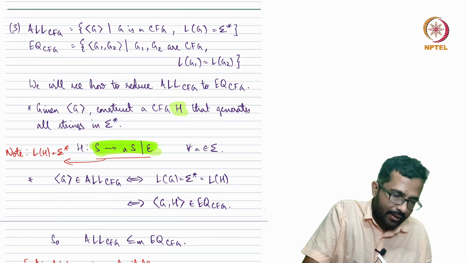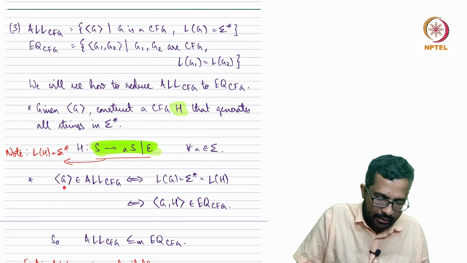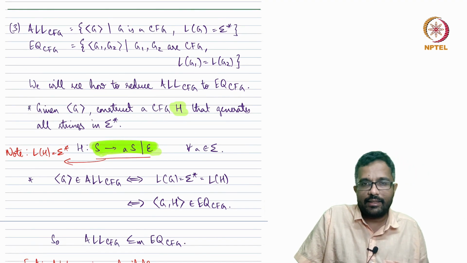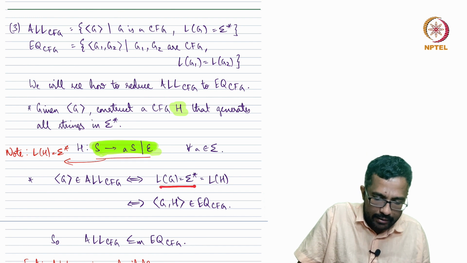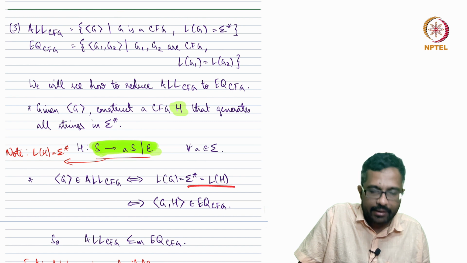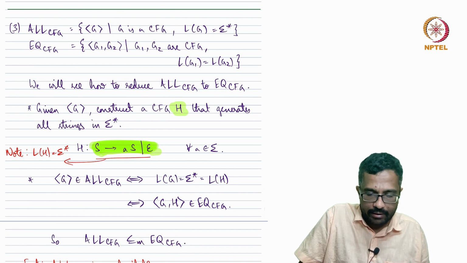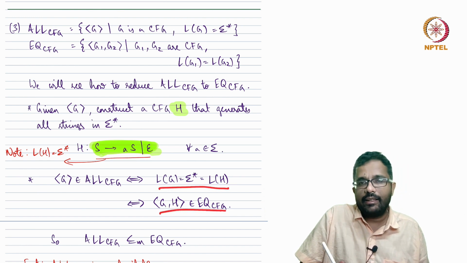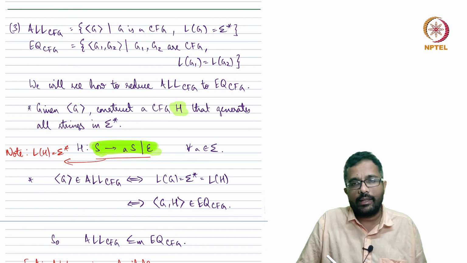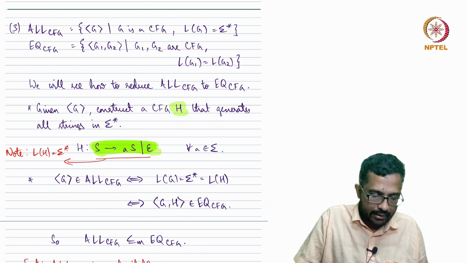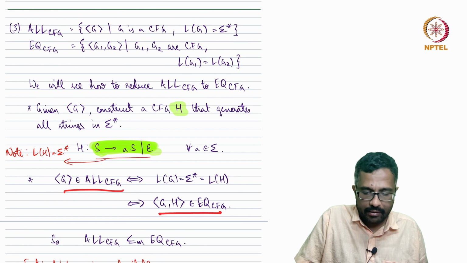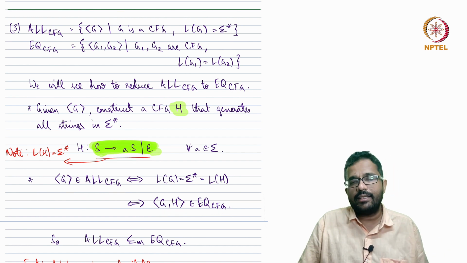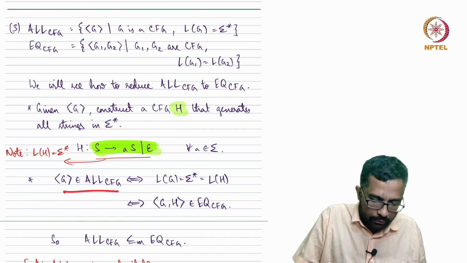So G is in ALL-CFG, meaning G generates everything, if and only if sigma star is also the language of G, but sigma star is the language of H. So now it's the same as asking whether G and H are equivalent. So G is in ALL-CFG if and only if the pair G, H is in EQ-CFG, right? And that's what we want.